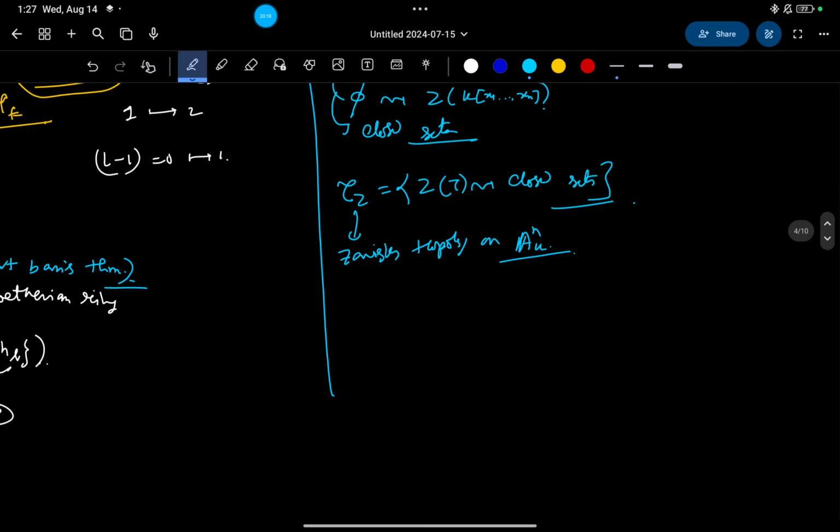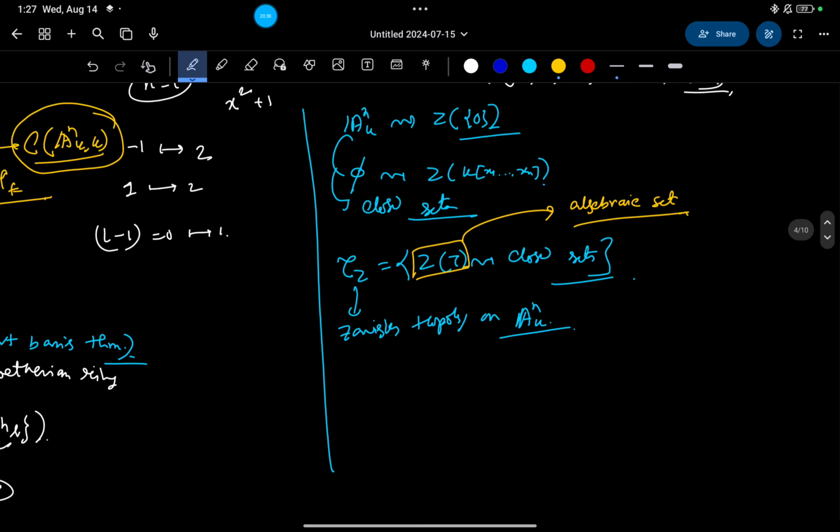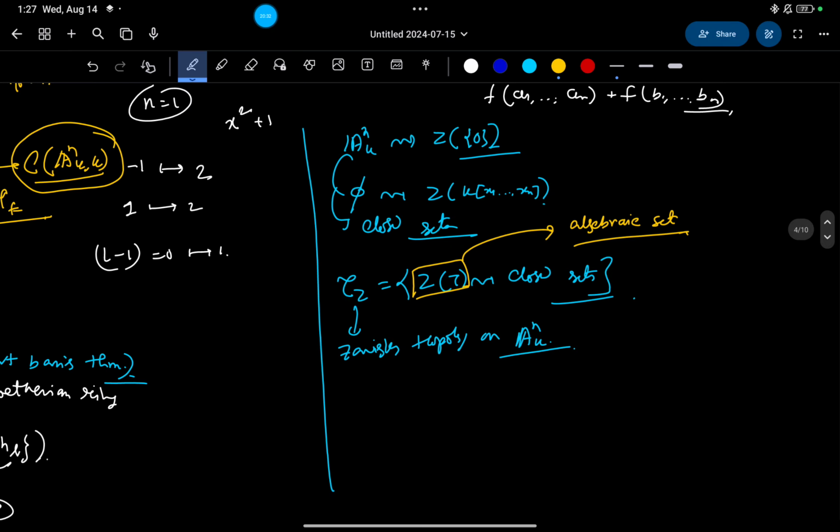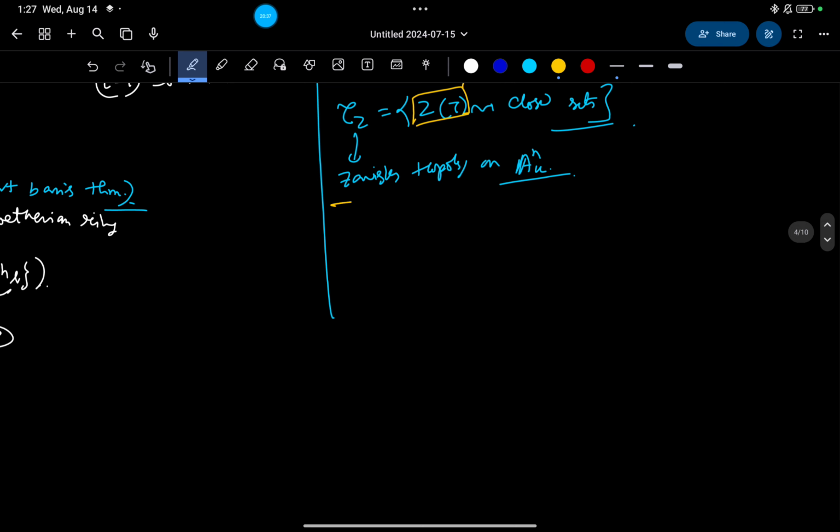These Z(T)s are basically said to be affine algebraic sets. So in fact, these are basically algebraic sets. Okay. So let us have some workout on how the affine or the algebraic sets should look like.